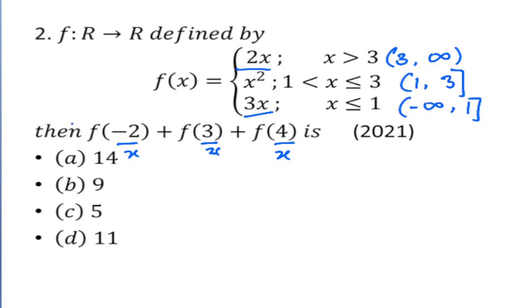Now we need to find the value of the function at x equal to minus 2. So x equal to minus 2 falls in this interval, minus infinity to 1. So to find the value of this function at minus 2, we choose f of x equal to 3x. That gives you 3 into minus 2, plus f of 3 we need to find now.